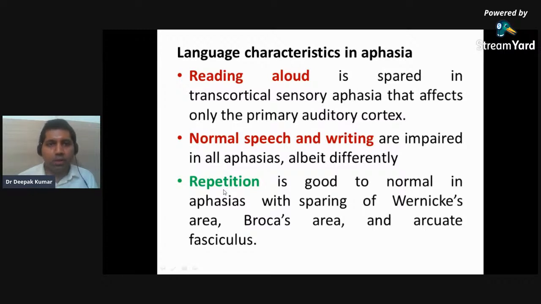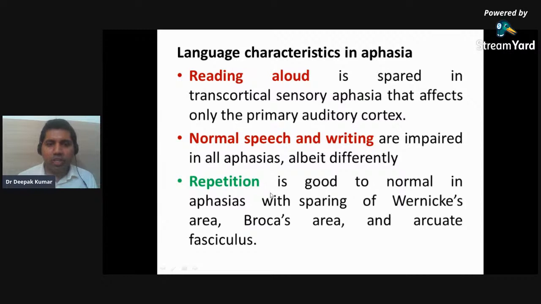Next is repetition. This is one more language characteristic you need to know, very important. That's why it's highlighted in red, different from the rest. A little bit of explanation is needed for repetition. Repetition is simple. I am asking you to say something, you say it. That's the repetition. So what happens?